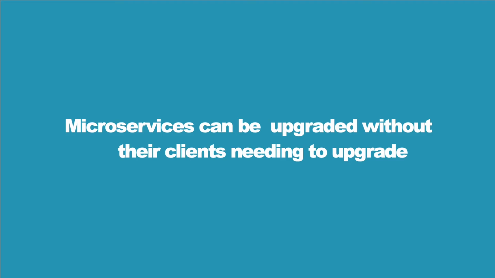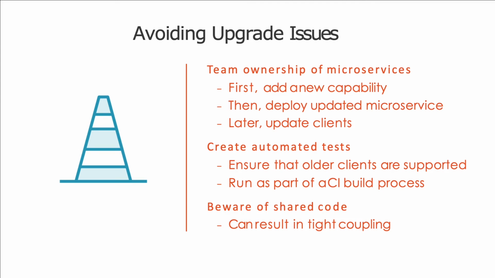So a microservice can be operated without its clients needing to upgrade. And in this small scenario, the team owning a microservice decides to make a change. They first add a new capability in the contract, then they deploy the updated microservice, and later update the clients.